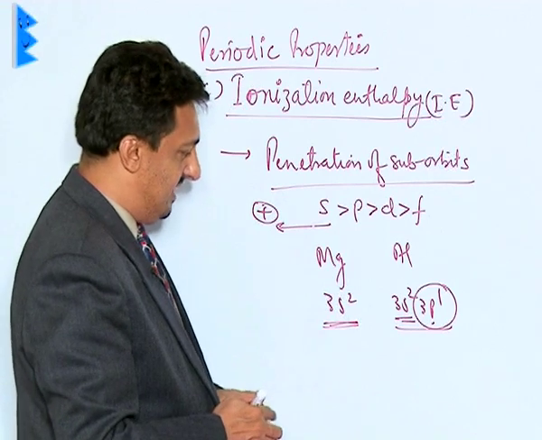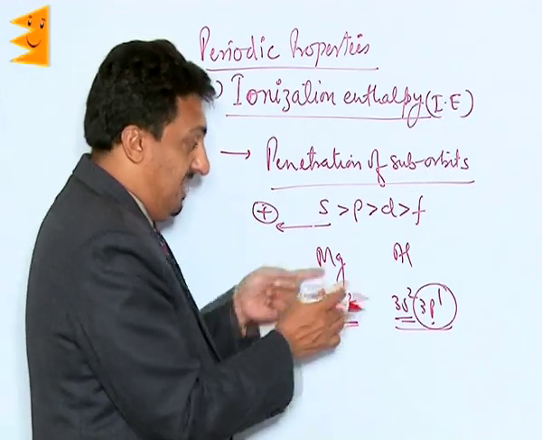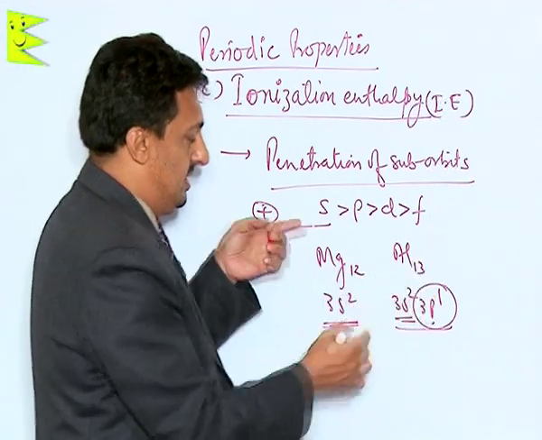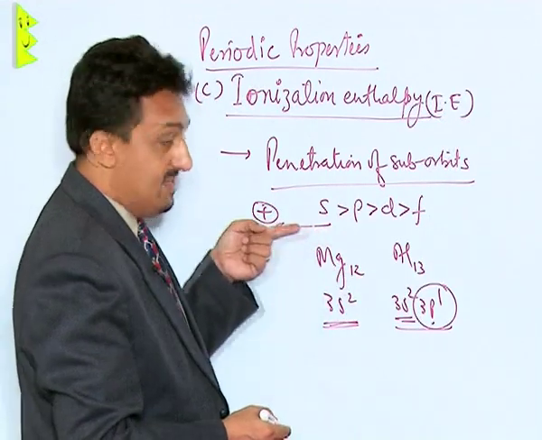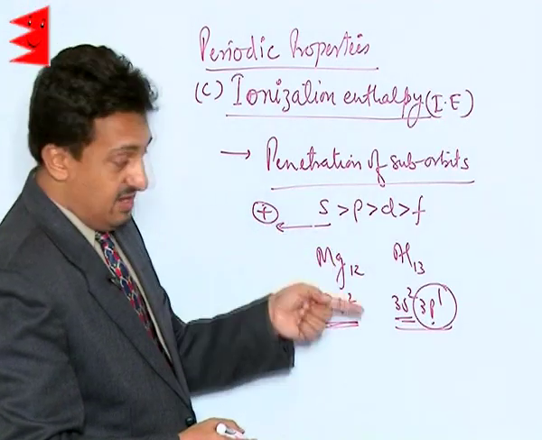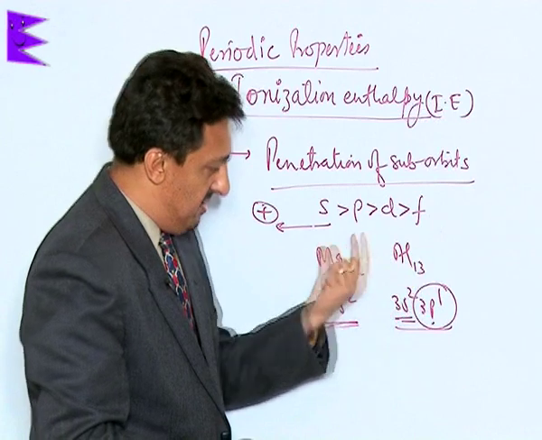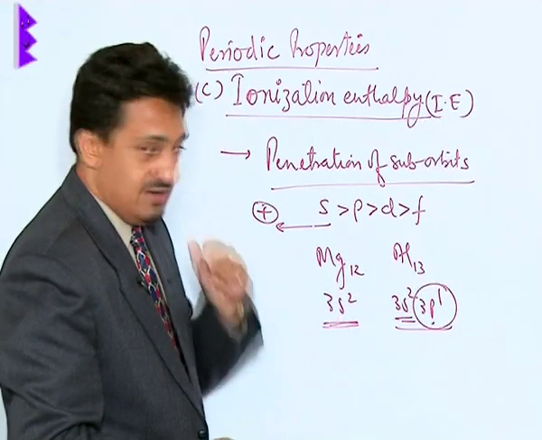We have seen that in the periodic table, along the period, the ionization enthalpy increases. So as expected by the usual behavior, aluminium should have a higher ionization enthalpy. It's not correct.